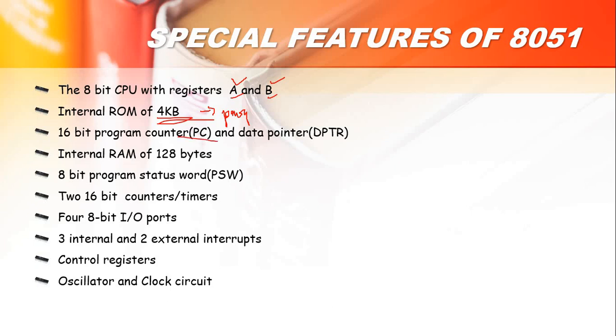The data pointer is a 16-bit register. We can take the full data pointer as a 16-bit register, or we can use it separately as 8 bits for the low order byte and the other 8 bits for the high order byte. We also have an internal RAM of 128 bytes, and an 8-bit program status word, which gives the status of the program to the user.